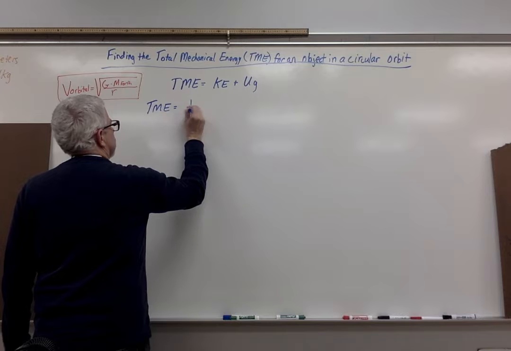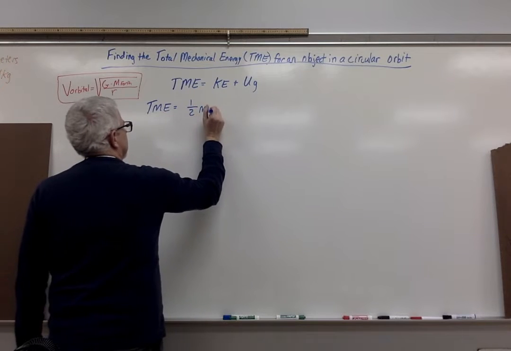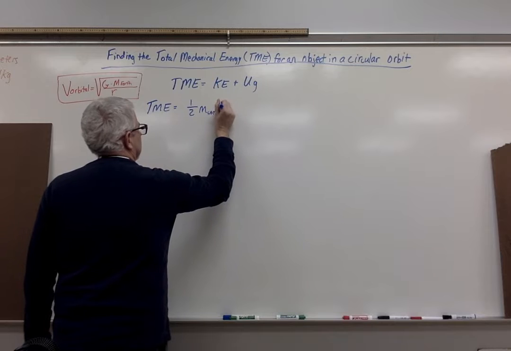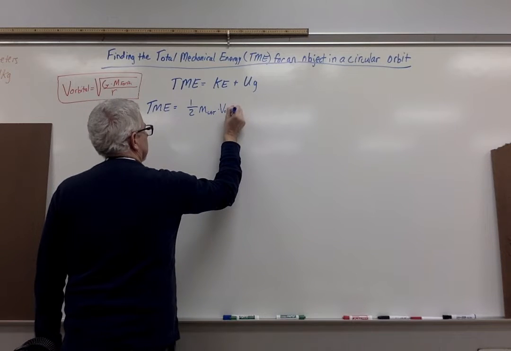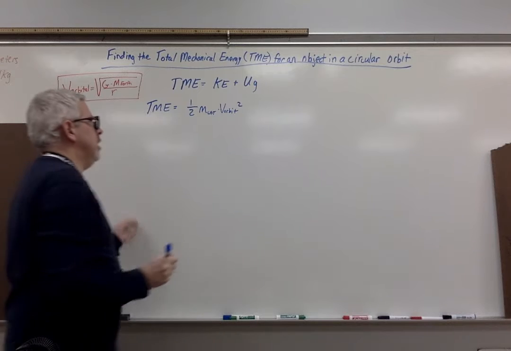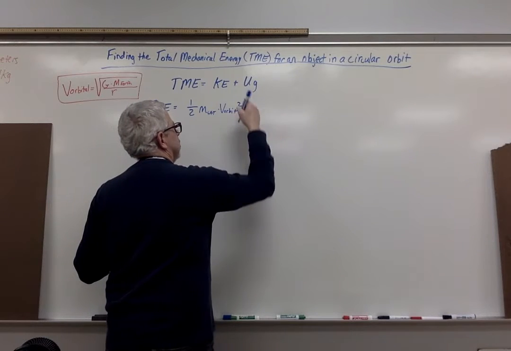So we start off with our general 1/2 m, this is going to be m satellite, v orbit squared.